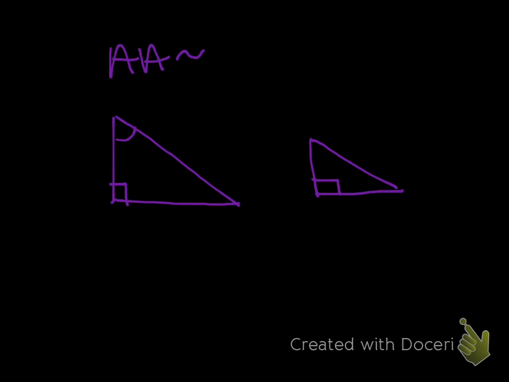These two angles are congruent, and by default the 90 degree angles are congruent, so we know that they're similar. Now, when you have two similar triangles, the sides are going to be proportional. So if this one is 4, and this one's 2, this one's 8, it has to be 4. So that's the relationship.